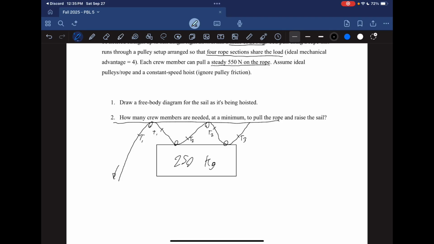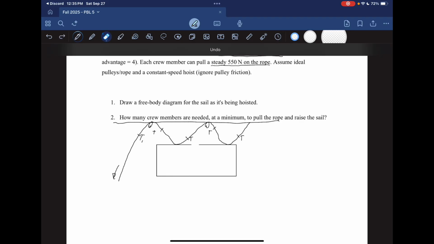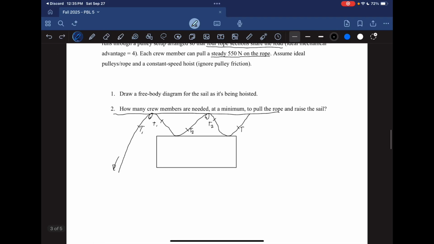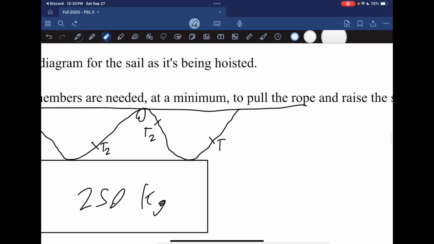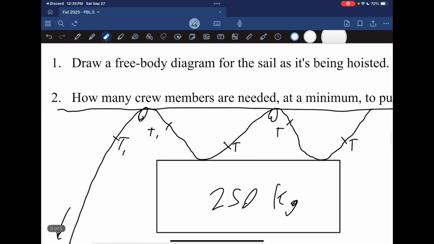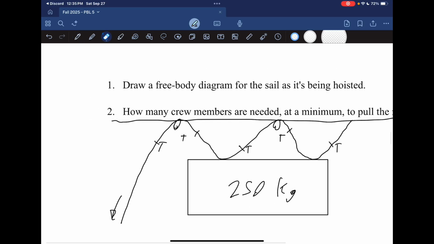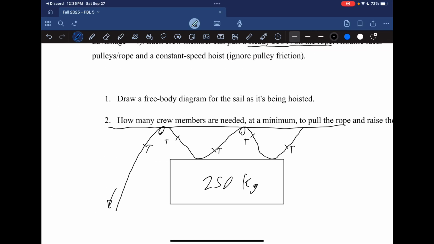So we can just say that we have one tension T. I erased the 250 somehow. There we go. Anyways, this will be the case for any ideal pulley system. The tension through any pulleys that are connected to each other will be the same.